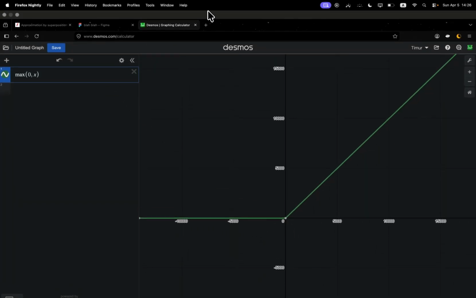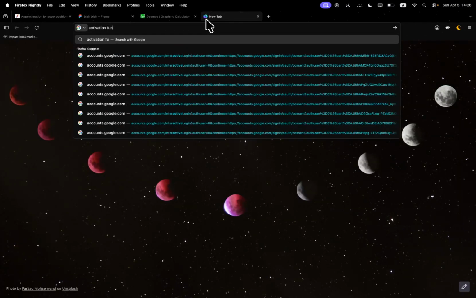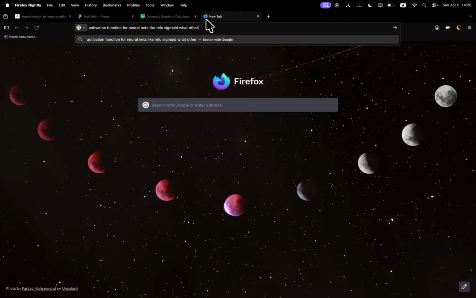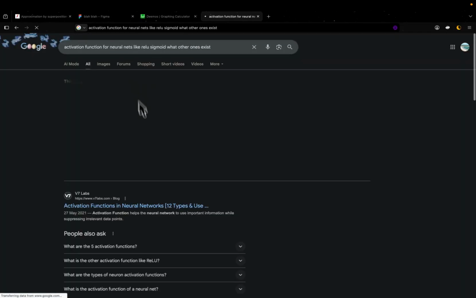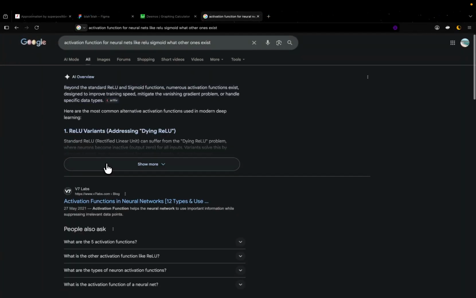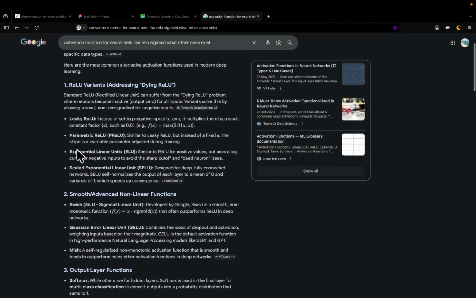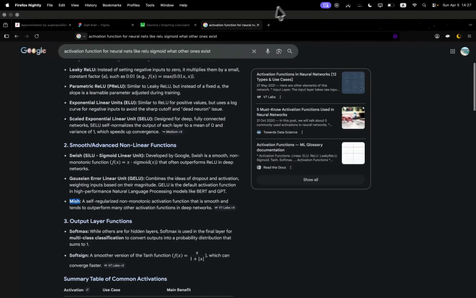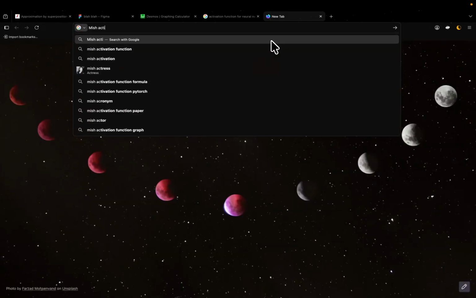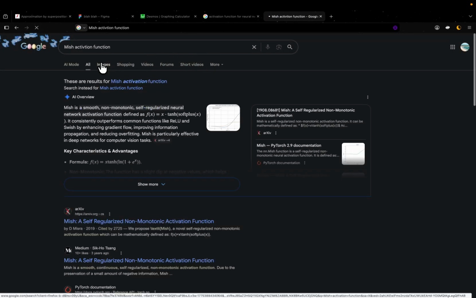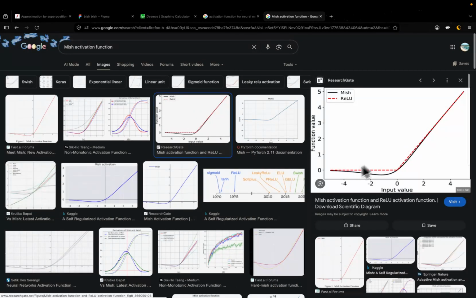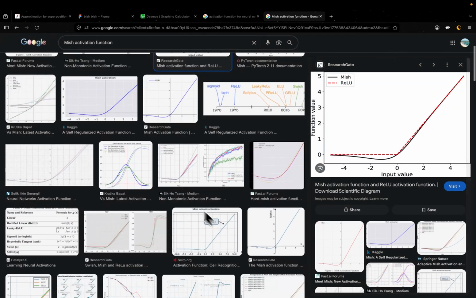And we can of course take activation functions for neural nets, like ReLU, sigmoid, and other ones that exist. ReLU variants, like leaky ReLU, let's look for something like mesh. It's just like ReLU, but it's mesh. So you get what I'm saying.